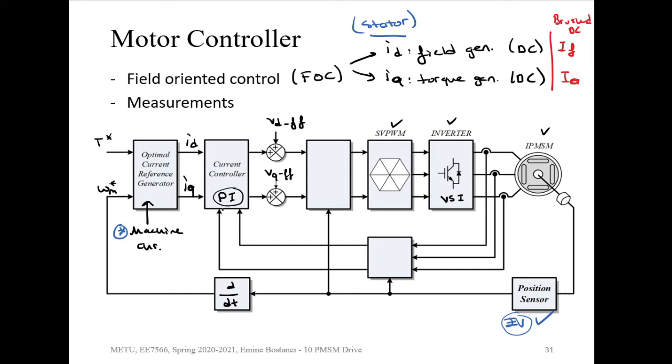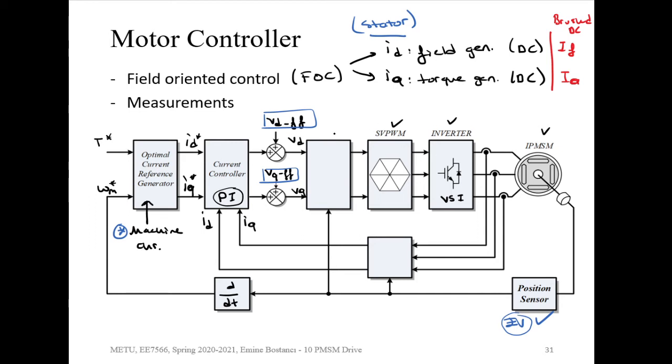In the PI controller, we need the references and the ID and IQ values, which are going to be measured. We are going to apply the PI controller based on that, with some help coming from some other loops, as we will see next. We are going to get the VD reference and VQ voltage reference.